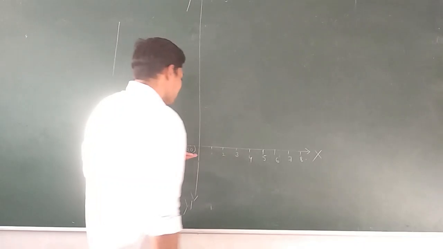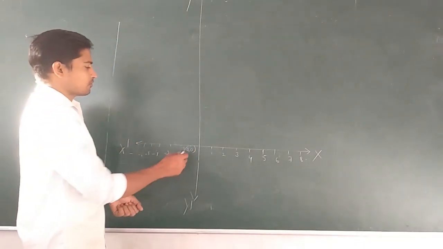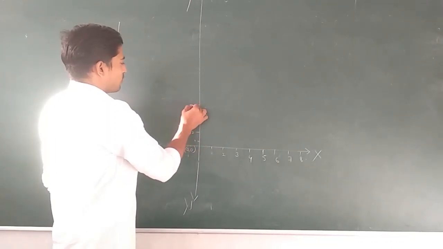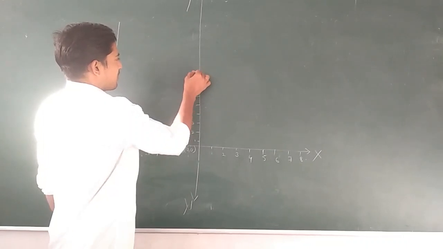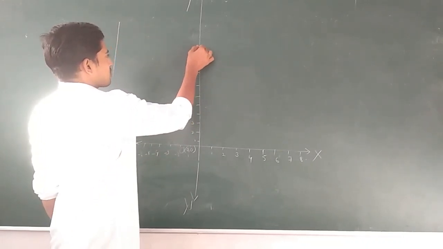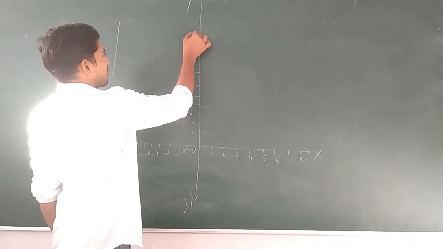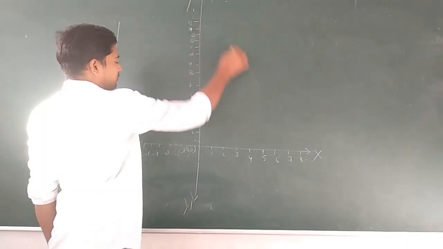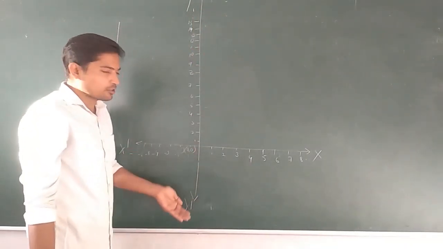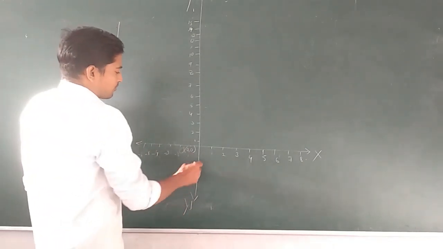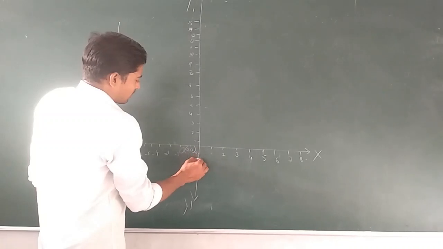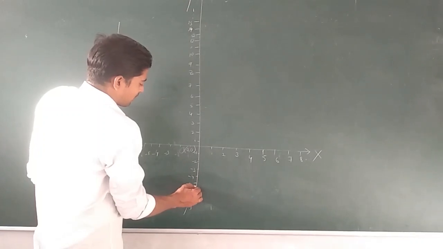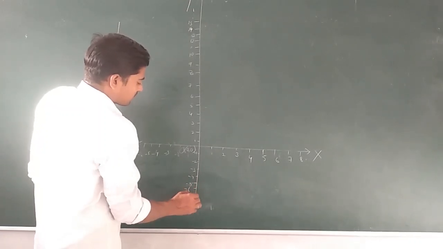Towards up from the origin, take positive numbers: 1, 2, 3, 4, 5, 6, and so on up to 15. Towards down from the origin, take negative numbers: -1, -2, -3, -4, -5, and -6.